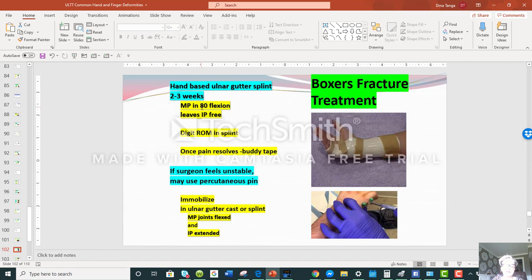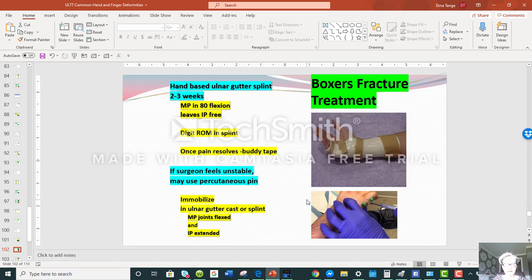The metacarpal phalangeal joint is in 80 degrees of flexion and leaves the interphalangeal joint free. Digit range of motion in splint; once pain resolves, buddy tape.